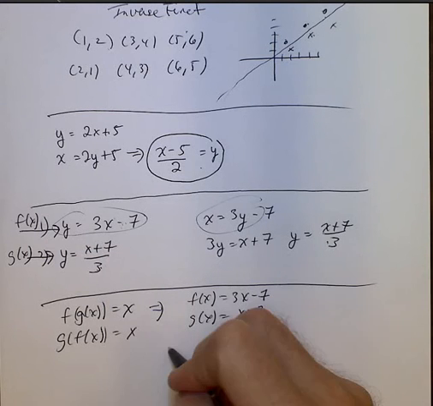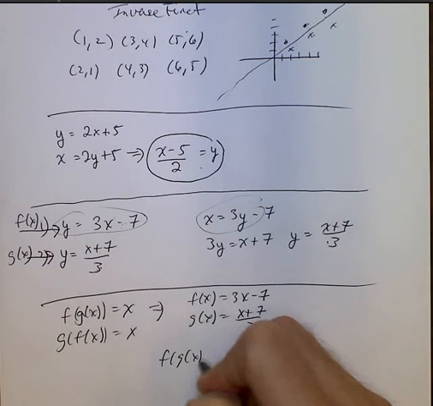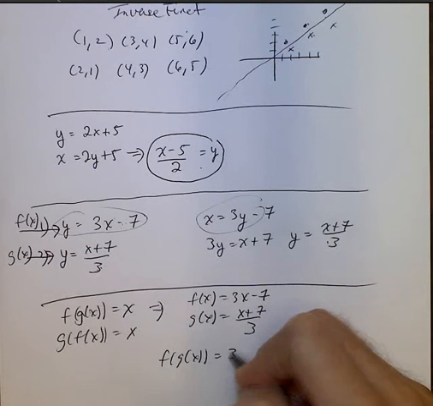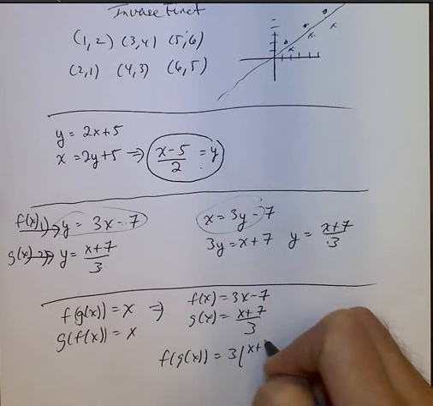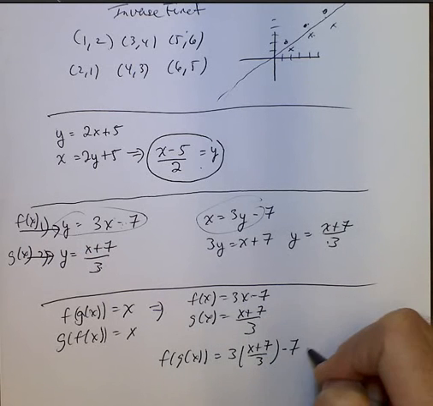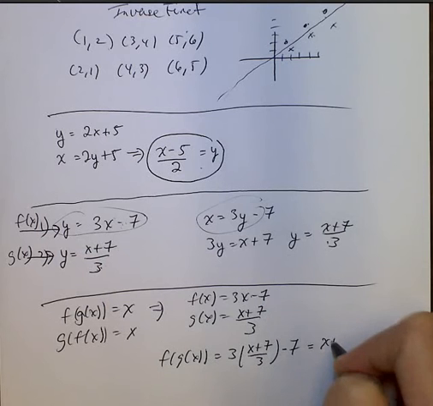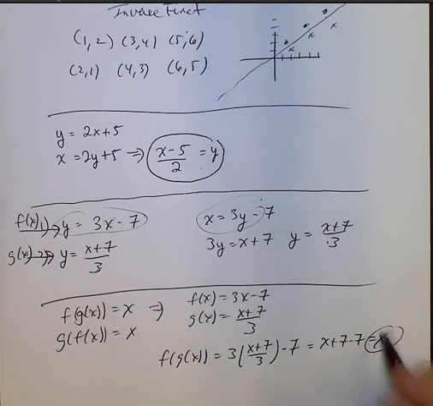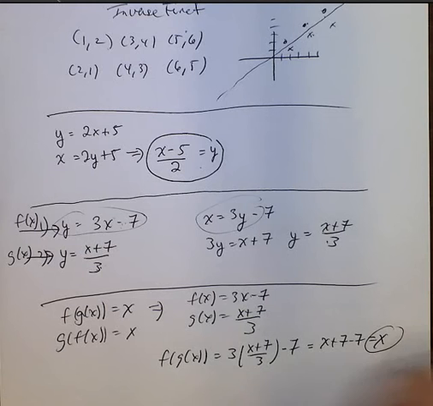So f of g of x means I'll take 3x, and instead of x I'll put in g of x, and I'll simplify that and get x plus 7 minus 7 equals x. And sure enough, f of g of x equals x. Now let me do g of f of x.